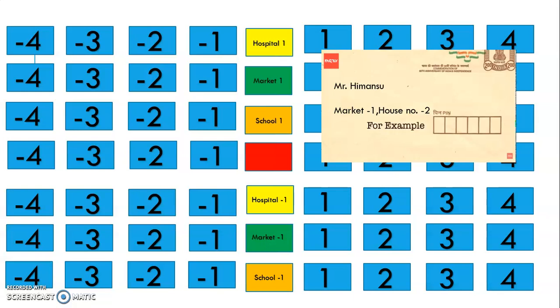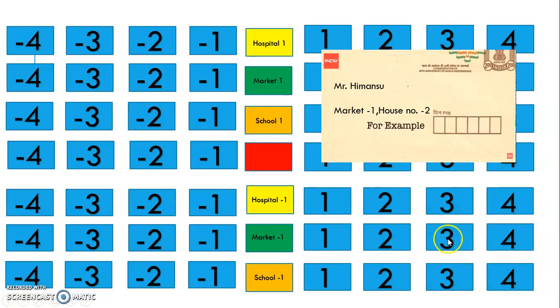And what does he do? He looks for house number -2. तो -2 का मतलब क्या होता है? He'll have to walk in the left direction or the negative direction for 2 blocks. Okay, and he can reach the house of Mr. Himanshu.